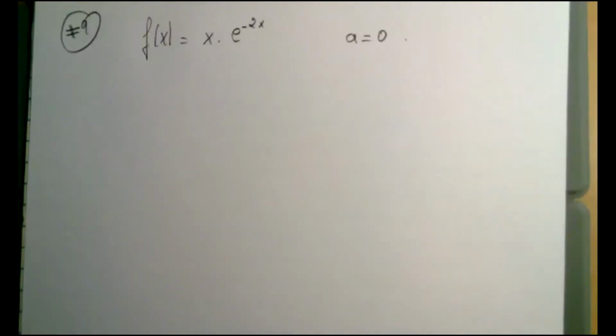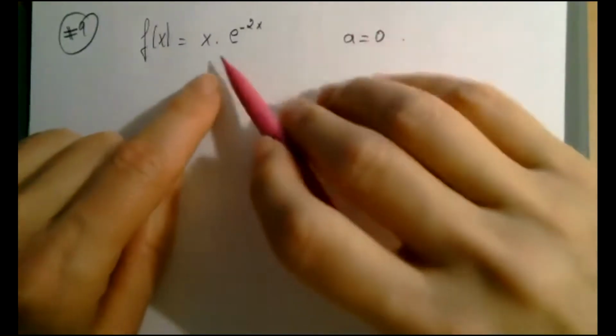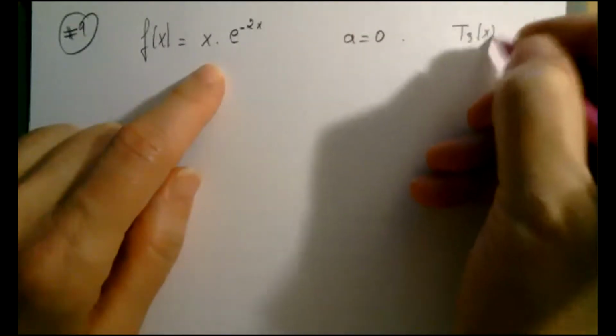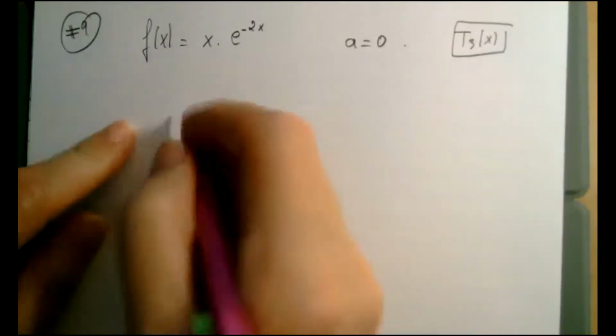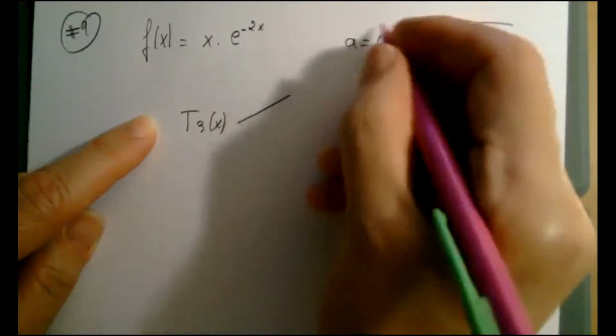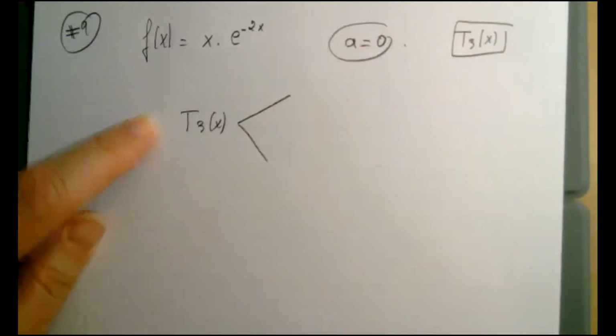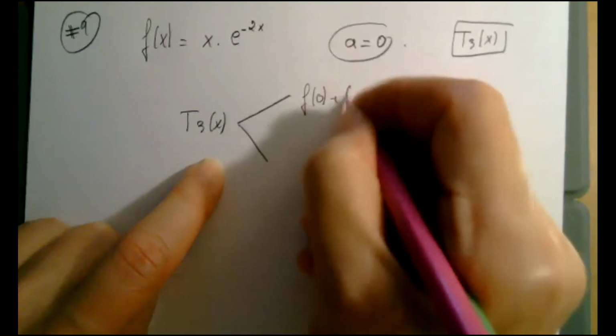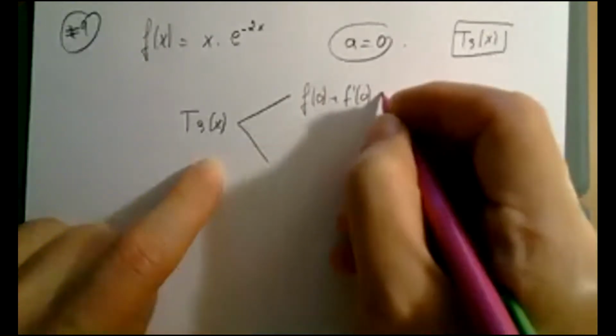Okay. Again, I'm going to ask you this question now for this problem. How are you going to find T3? To find T3, we can go two ways because it's a equal to 0. One way is to compute those.